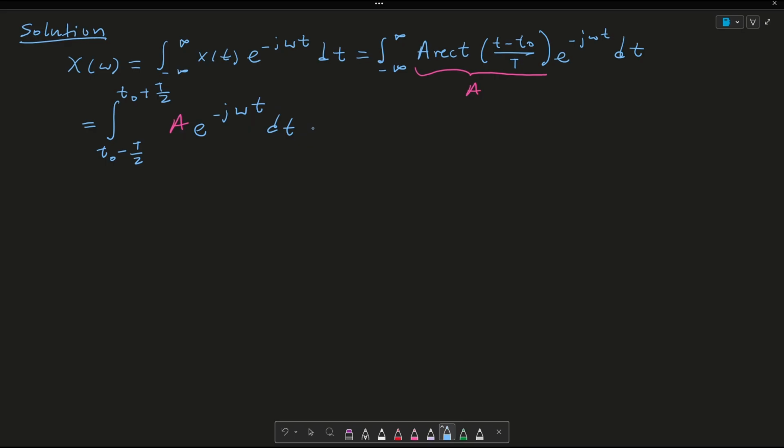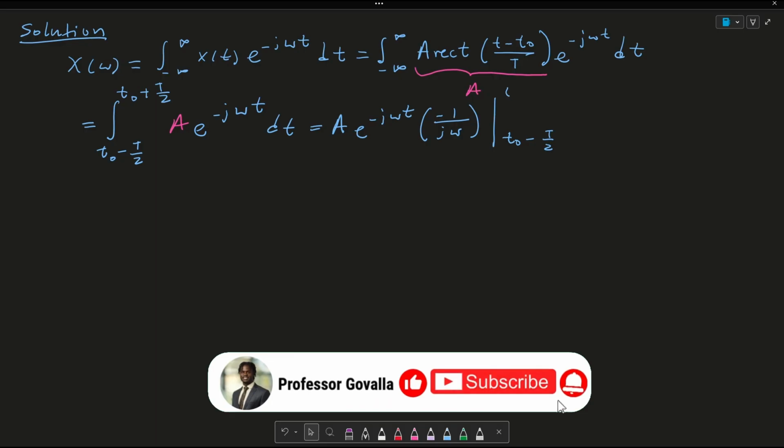And then if I take the integral of this function, I get A e to the minus j omega t times negative 1 over j omega, where my limits are t naught minus T over 2 to t naught plus T over 2.